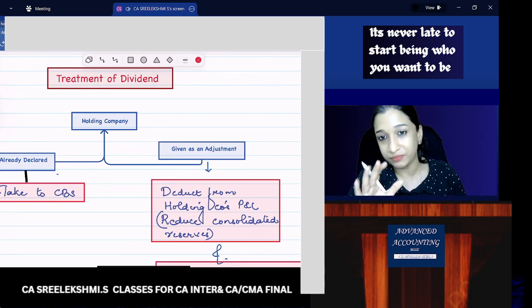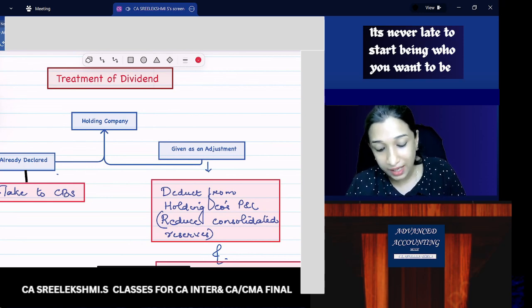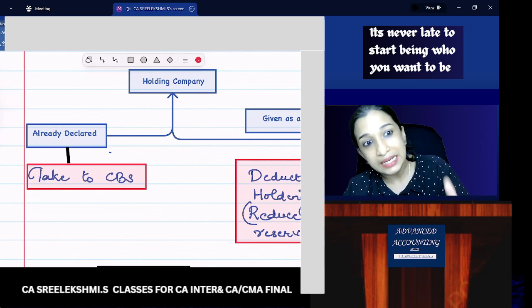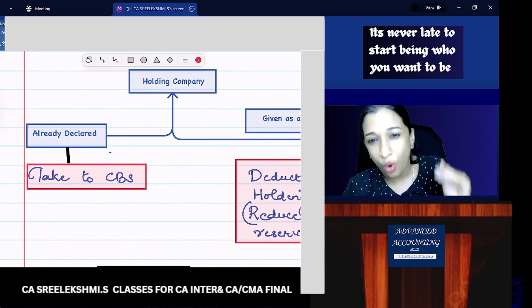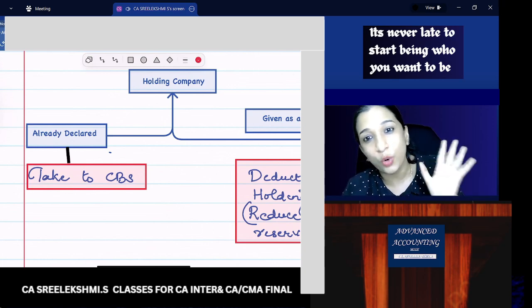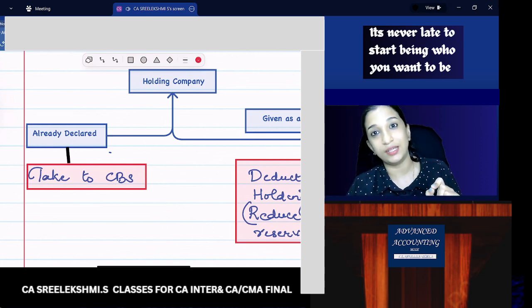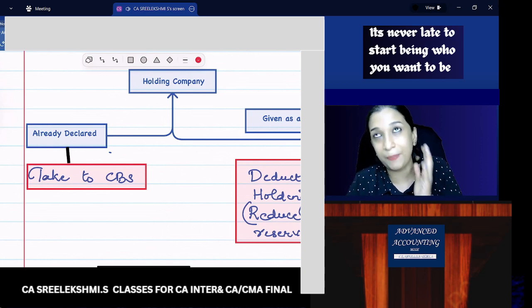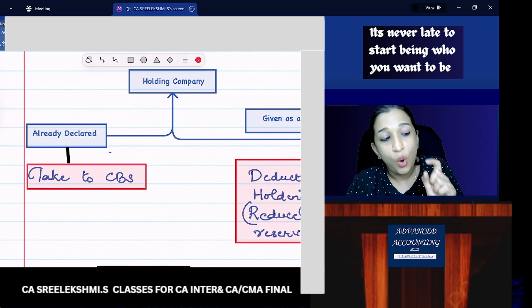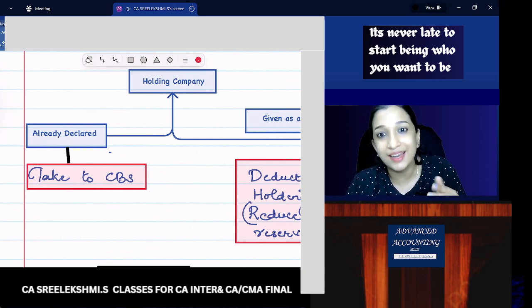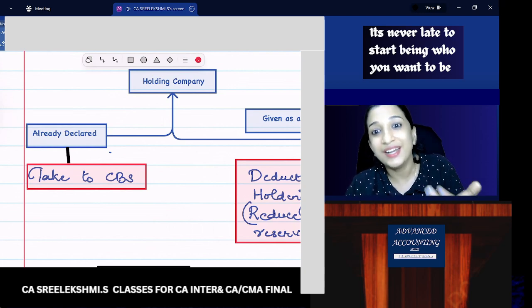So listen. First I am taking the holding company, which has already declared and accounted for the dividend. If you visualize the balance sheet, the holding company's balance sheet already has a dividend payable.